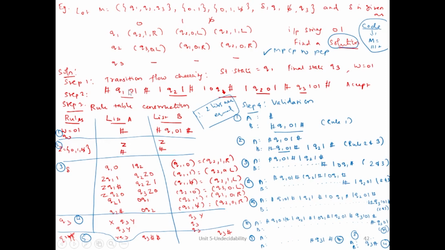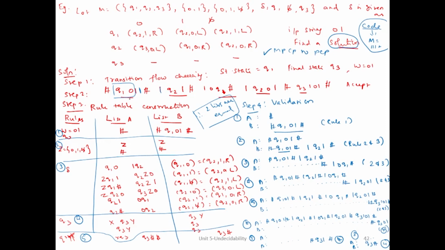I want to check Q1 0. So you mark it. This is Q1 0. I check Q1 0 in the given table. For Q1 0, instead of 0 you write 1, and instead of Q1 you write Q2 on the right side, so Q2 is written to the right of 1.